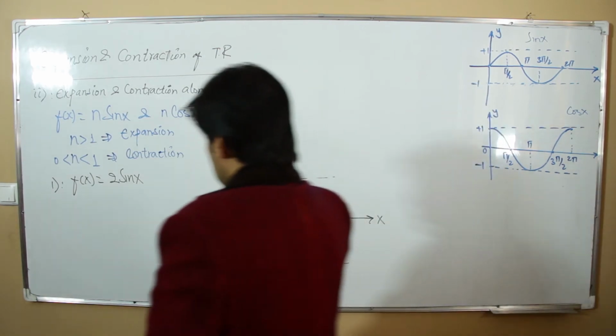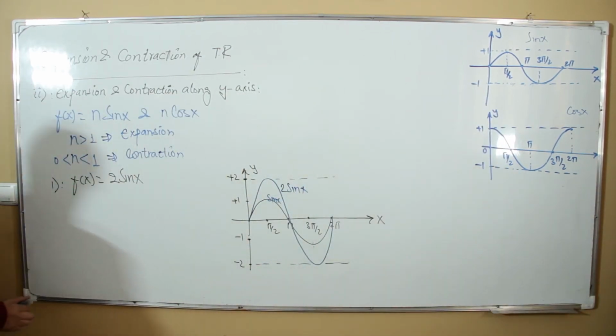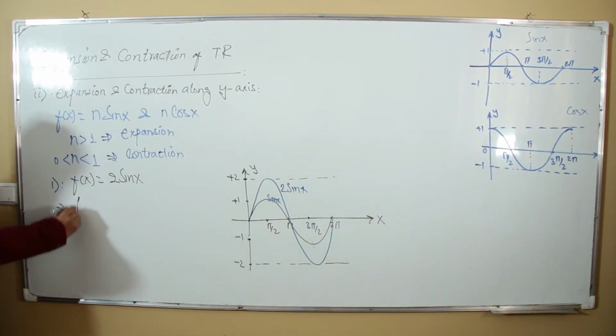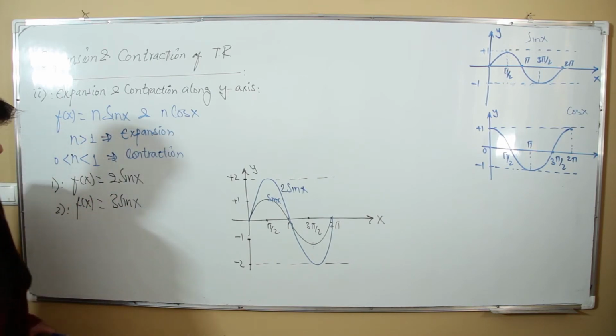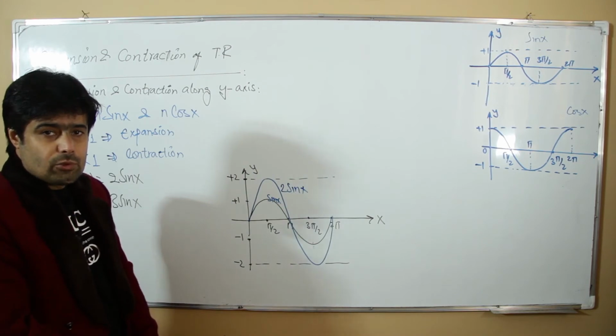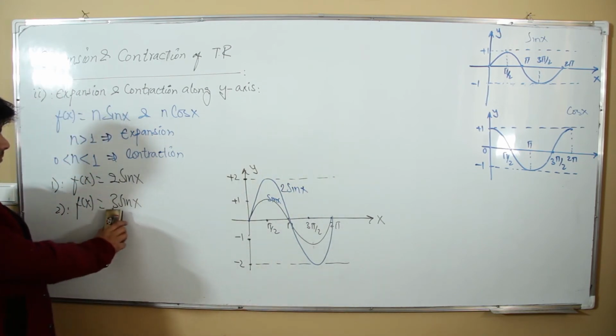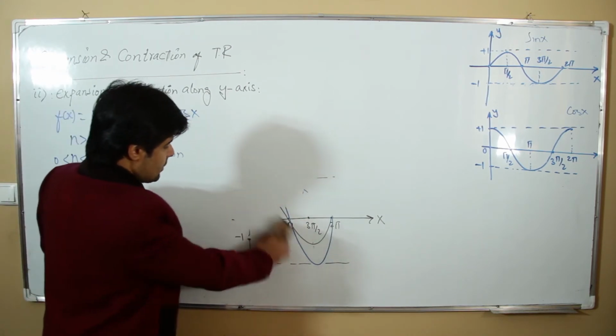If we want to draw number 2, f(x) = 3 sin x, what does it mean? It means that you have to draw the sin x between positive 3 and negative 3.